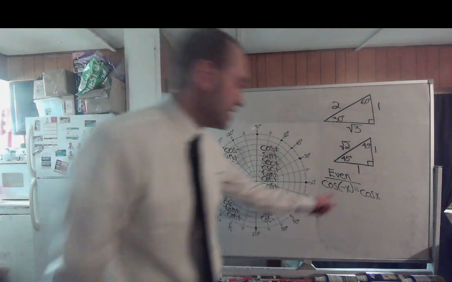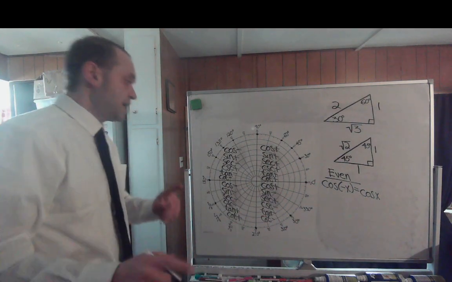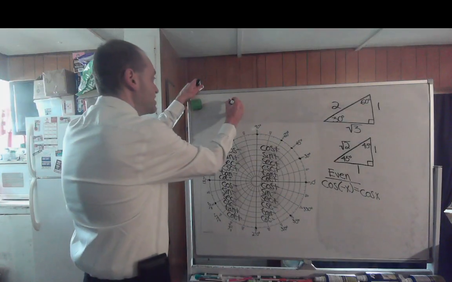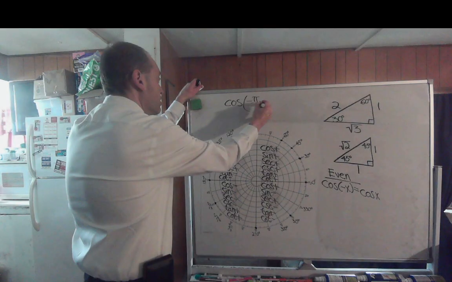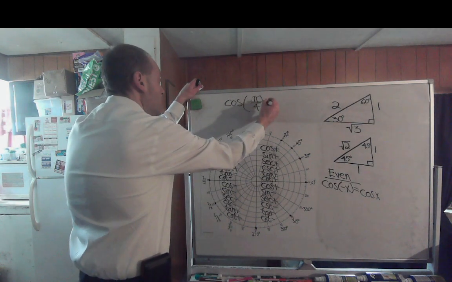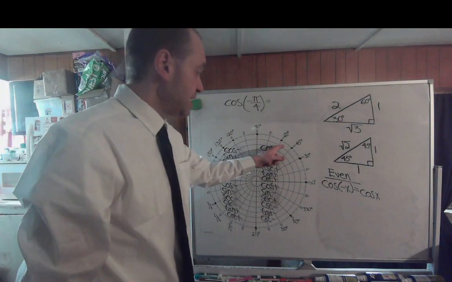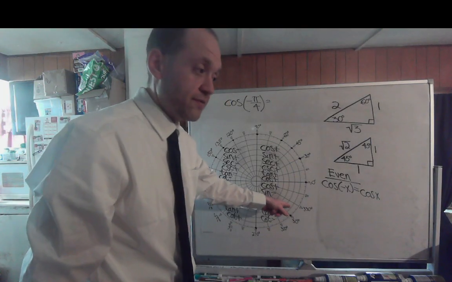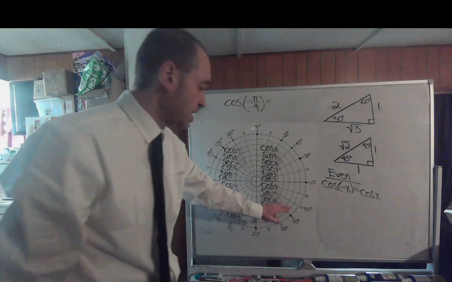Or you could make that negative theta would equal the cosine of positive theta. Okay, so let's say, for example, I took the cosine of negative pi over 4. Well, what is negative pi over 4? That's the same as pi over 4, only in the fourth quadrant, right? Because I'm going clockwise as opposed to counterclockwise.